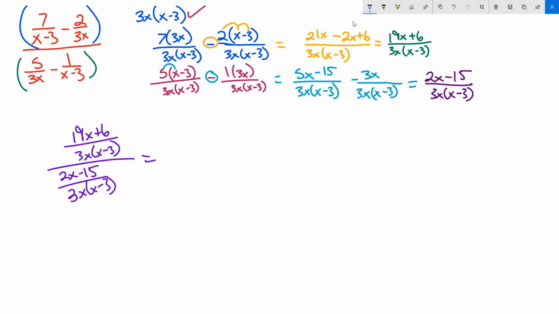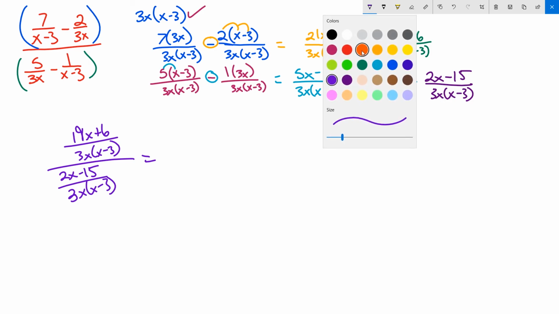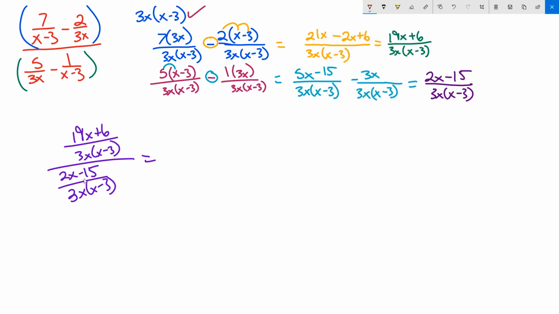Now what we want to do is multiply by the reciprocal of the denominator. The numerator isn't going to change, so we have 19x plus 6 over top of 3x minus 3, multiplied by 3x minus 3 over top of 2x minus 15.